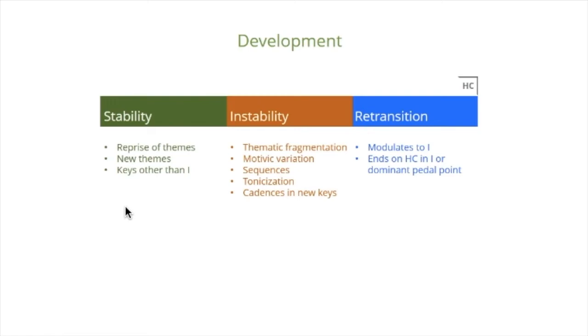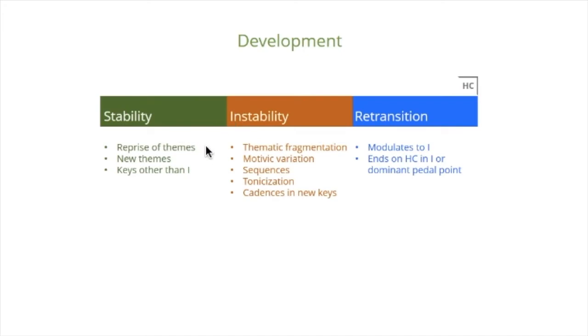Okay, so in this graph, I included a little more detail about what I said earlier about the development section, featuring stability, instability, and finally the retransition, preparing for the recapitulation, and more details about each one.